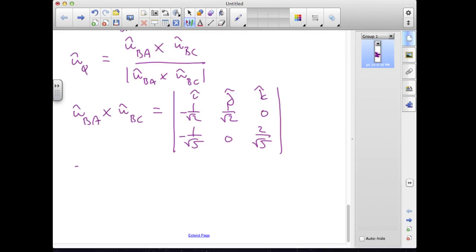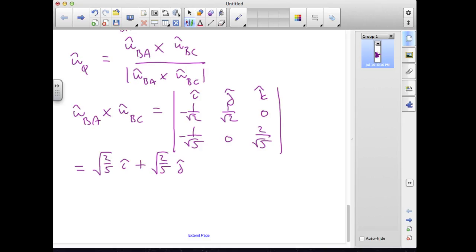That's going to give us, in i, we have a 1 over root 2 times 2 over root 5, and I could write that as the square root of 2 over 5 i. We have a minus j times a minus 1 over root 2 times 2 over root 5. That likewise produces a plus square root of 2 over 5 j.